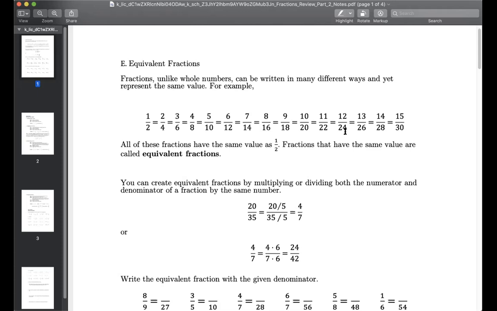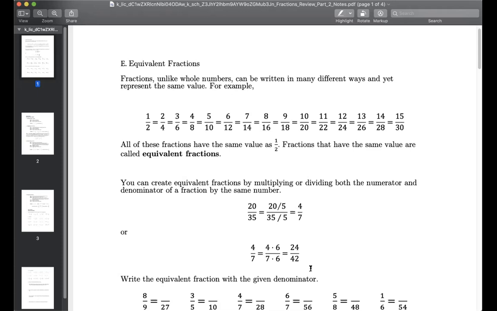Equivalent means the same or equal, right? So we can either divide, as it's shown here with 20 over 35, we're dividing both the numerator and denominator by 5, and we get 4/7. Or we can take 4/7 and multiply both the numerator and denominator by 6 to get 24 over 42.